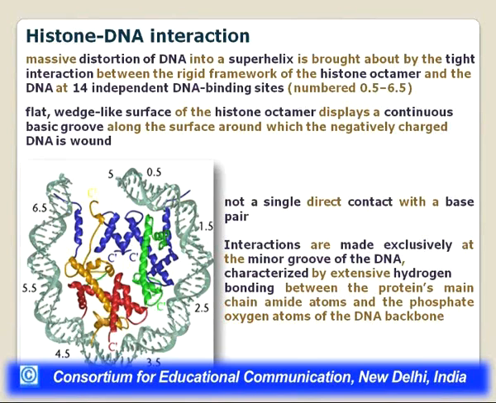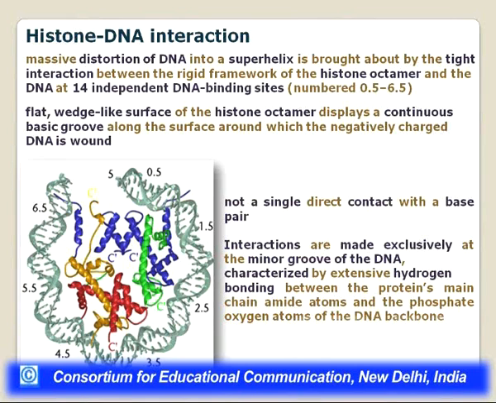So, the DNA interacts with the histone octamer at the minor grooves of the DNA itself. The interactions are made exclusively at the minor groove of the DNA, characterized by extensive hydrogen bonding, non-covalent bonding between the protein's main chain amide atoms and the phosphate oxygen atoms of the DNA backbone.